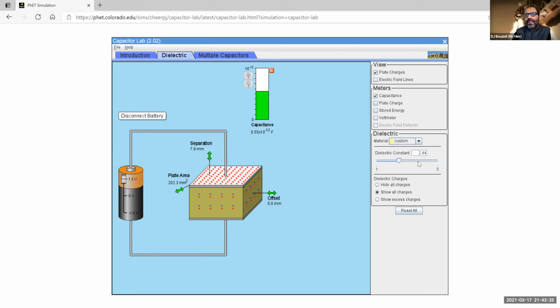Note the units have changed, okay? This is good enough. So this is exactly 2.5. Then all the way to 5, basically.